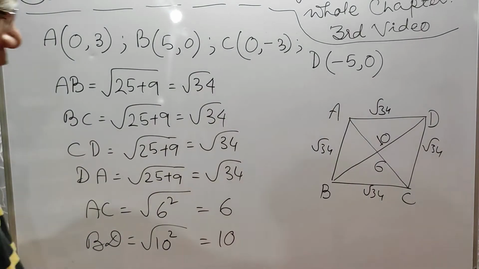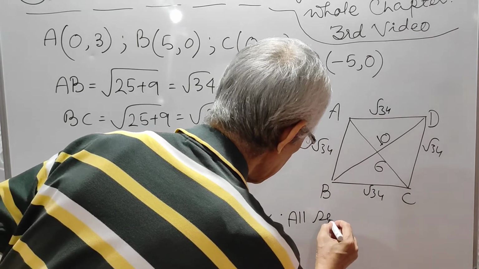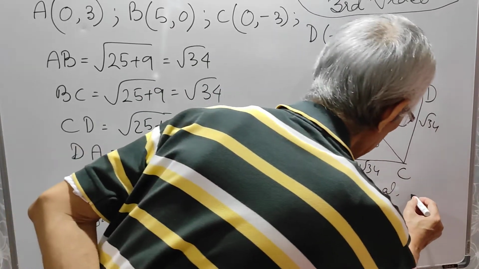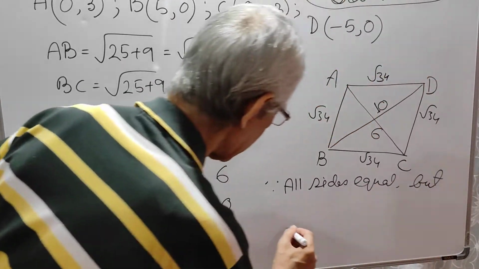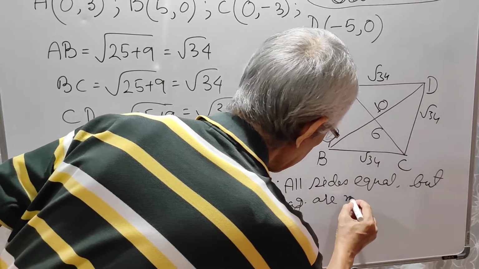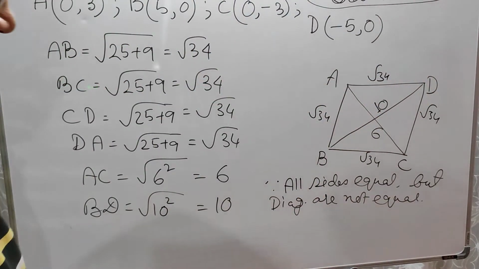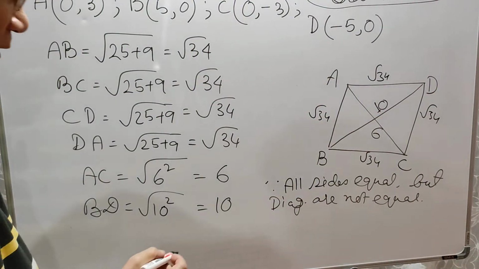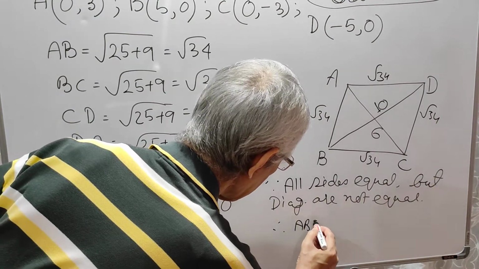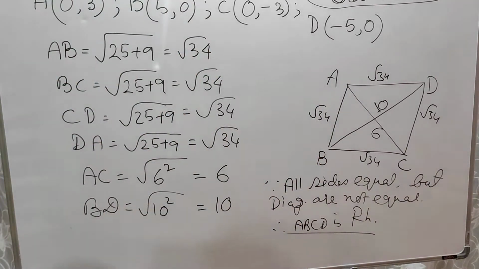You followed? So since all sides are equal but diagonals are not equal, therefore ABCD is a rhombus.